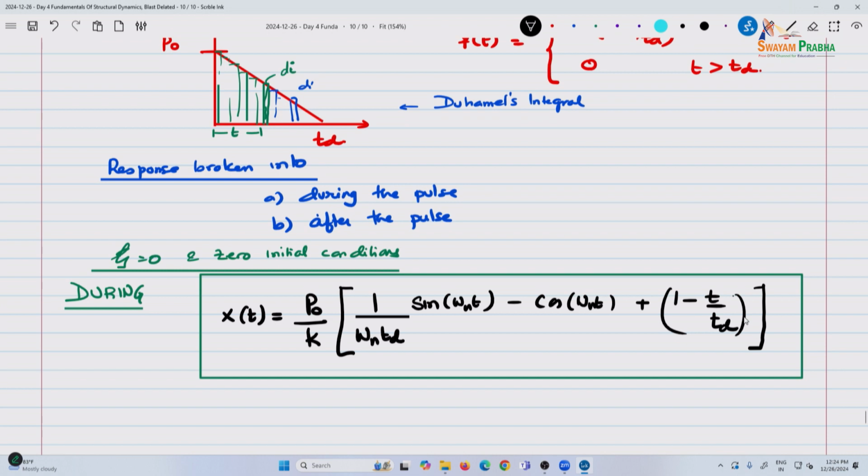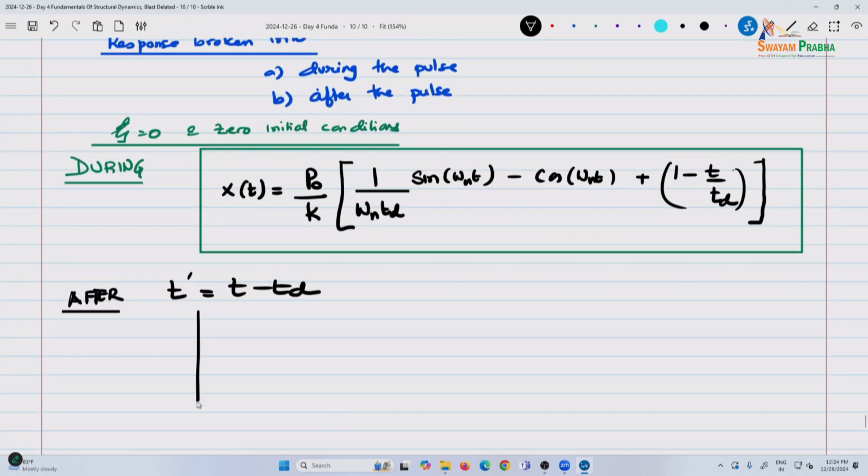Now, this is during. Then after, let us consider t prime is equal to t minus Td.